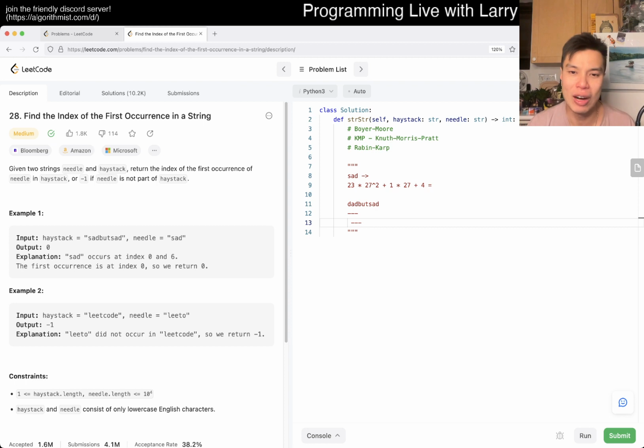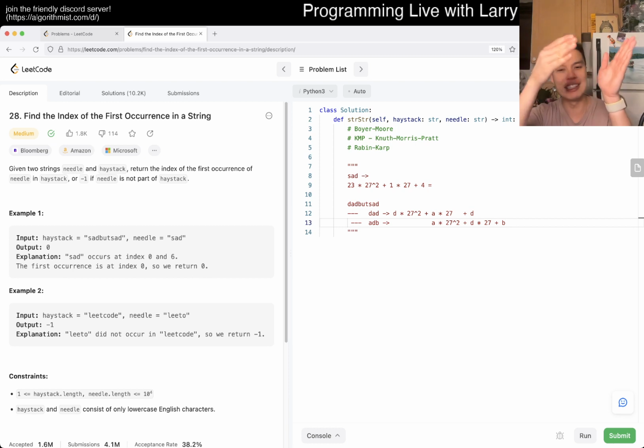And of course, you could just think about it as a number where you go from that to ADB, right? And of course, this is just D times 27 plus A times 27, plus D, and then now you have A times 20, oh, this is wrong, wow, sorry, A times 27 squared, plus D times 27, plus B, right?